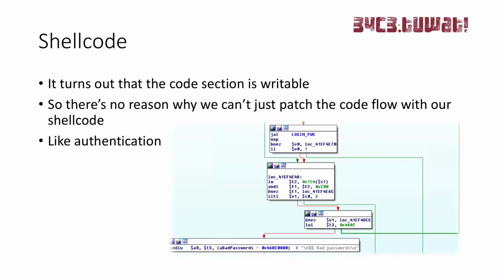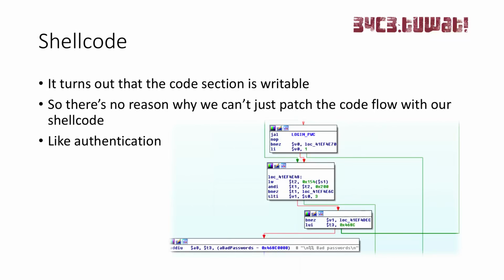A few words about the shellcode. The device I was working with had a telnet service and it had a password. So I designed a simple shellcode that will just patch the authentication code flow.